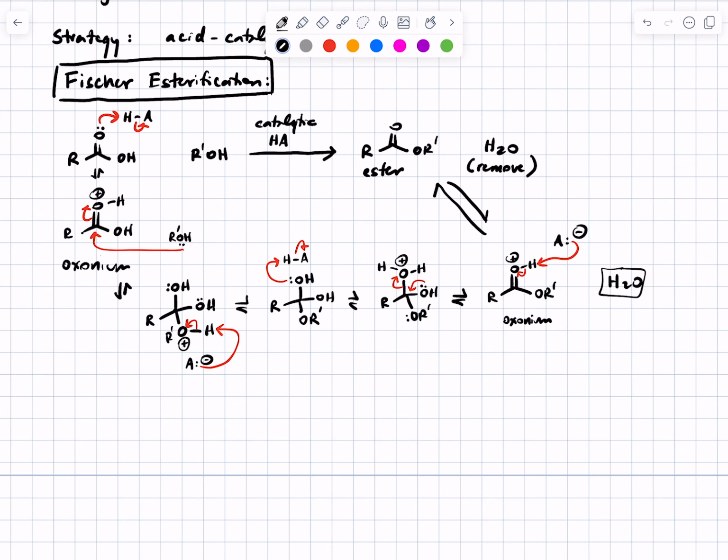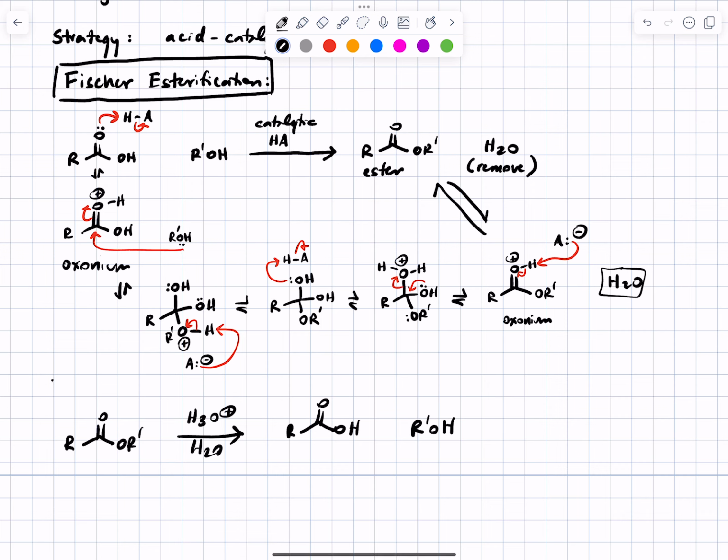Okay? Just like acetal formation, this reaction is 2 reactions in one because you can start with the ester and under strongly acidic aqueous conditions, you can hydrolyze the ester to go back to the carboxylic acid and the alcohol.